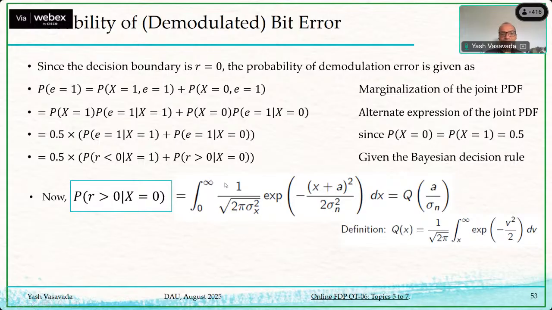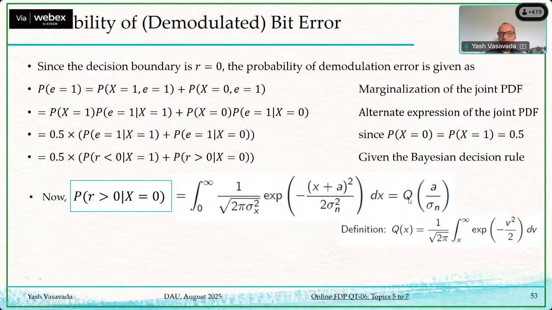So then this becomes the integral that I need to evaluate, given that I have the Gaussian PDF. And this integral is actually not solvable in closed form, but there are some numerical methods that have been implemented, and the numerical values of this integral for different values of a and sigma n have been evaluated, and they are tabulated in the form of a Q function.